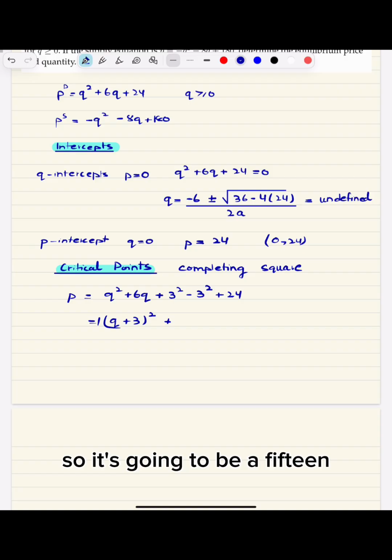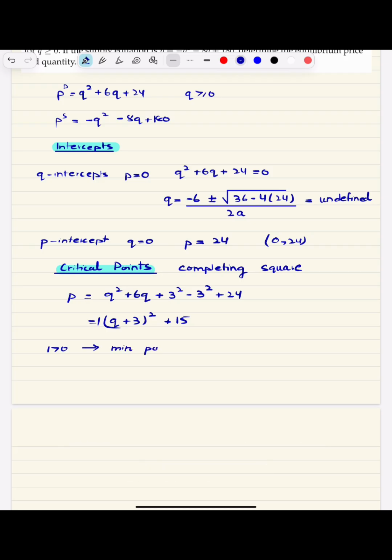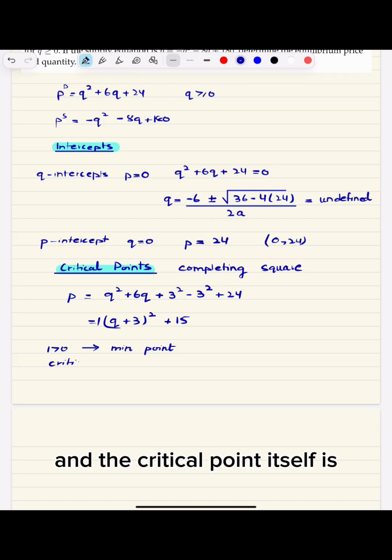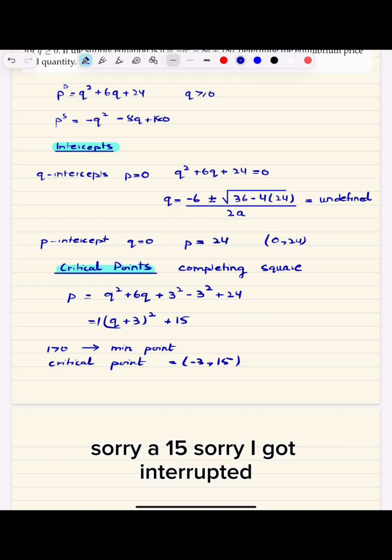So it's going to be a 15. Since 1 is greater than 0, this means that we have a minimum point. The critical point itself is minus 3 and 15. Sorry, I got interrupted.